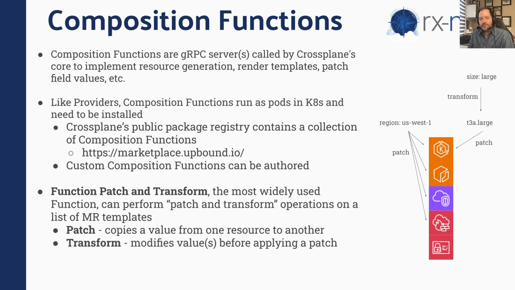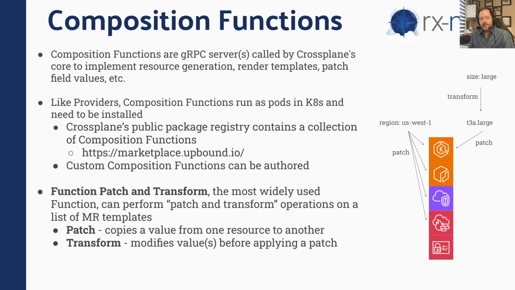So if the composition is made up of a bunch of managed resources, like a Kubernetes cluster of X number of nodes in a node group, right? Maybe X is actually held by 3 nodes, but the user wants to deploy 10 nodes in their node group, right? We're just going to patch over the number 3 with 10 from the user input, or in this case on the left-hand side of the example, the region.